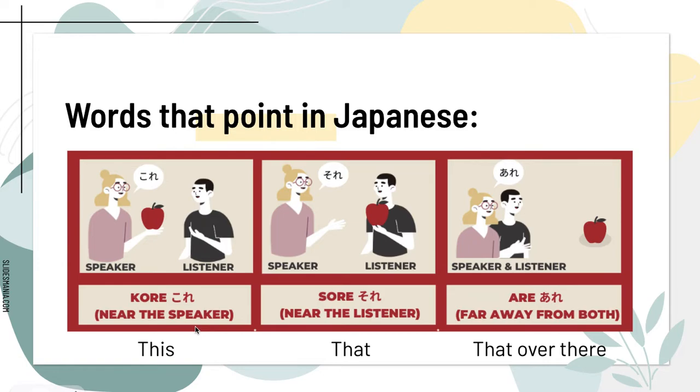If the thing is near the listener, you would use それ, which means that. And if the object is farther away from both speaker and listener, in English you would say that one over there, and in Japanese it is あれ.